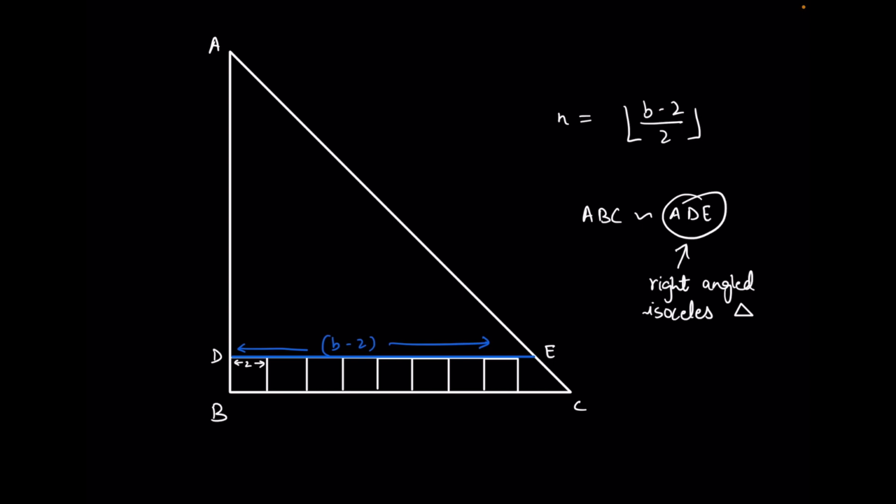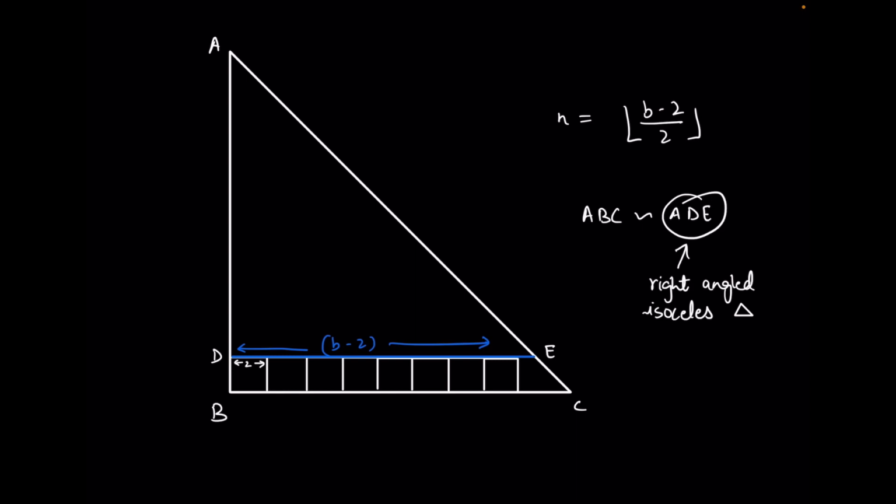That means that what we are left to do now is find the number of squares you can fit in the ADE triangle, which is also a right angled isosceles triangle, but it just has the base length of B minus 2, right? It has a smaller base length, but it's still a right angled isosceles triangle, and we need to find how many squares of 2 cross 2 we can fit in it.